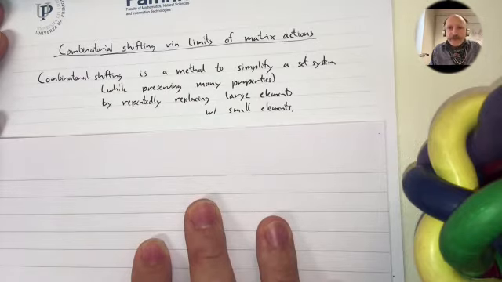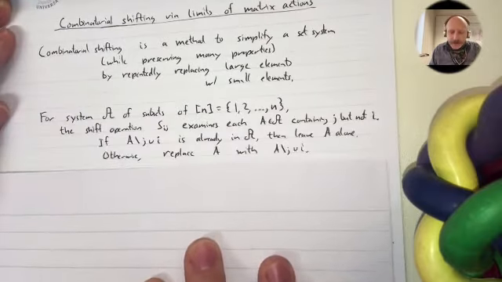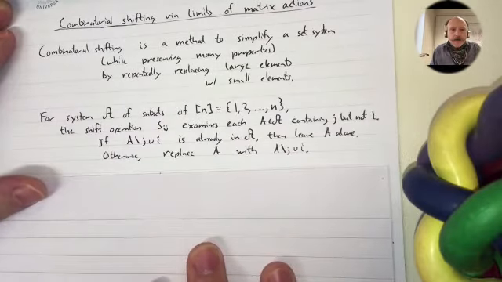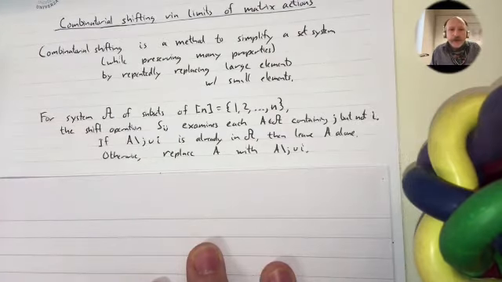Okay, and my set system here is going to be a set system on the integers 1 through n. So large and small just means bigger or smaller in the usual order. Okay, so the details of that are as follows. Someone hands you a system of subsets of 1 through n.